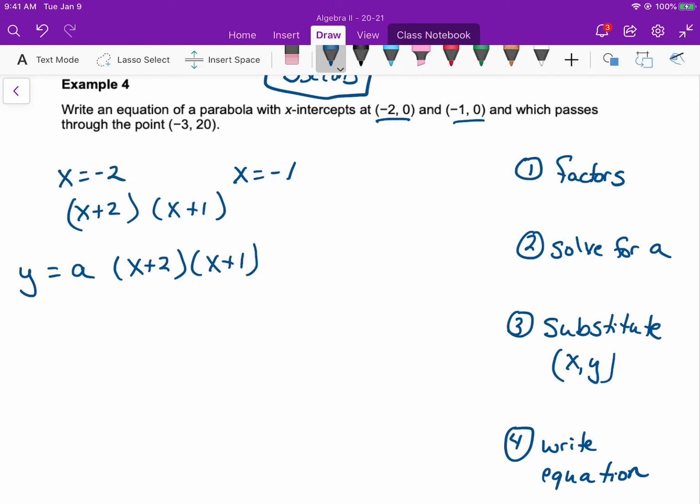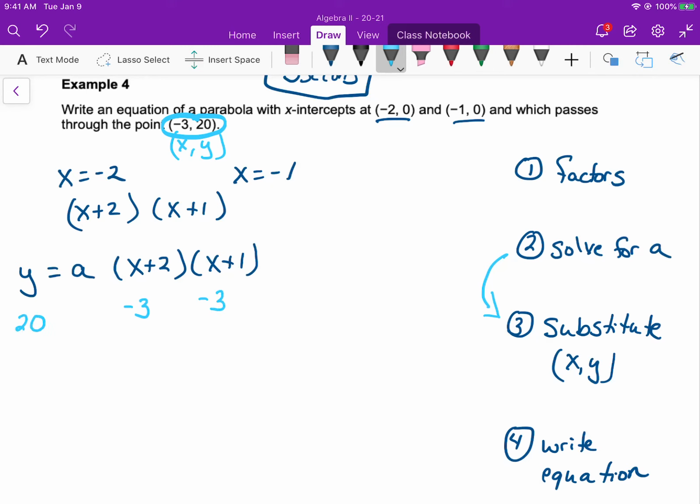In order to solve for a, I need to substitute in the point I was given. I know this parabola is going to pass through negative 3 and 20. This is a coordinate, x and y, and that's how I'm going to solve for a. So first, when I say solve for a, you're basically setting it up. And now I'm substituting in x and y to solve for a. So my negative 3 is going to substitute in for x.